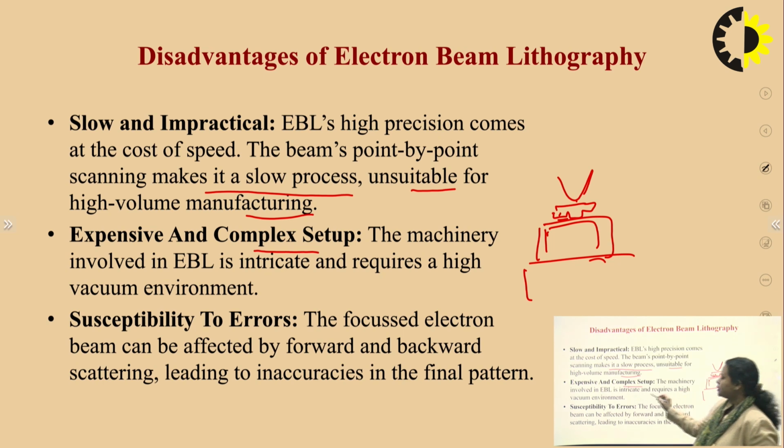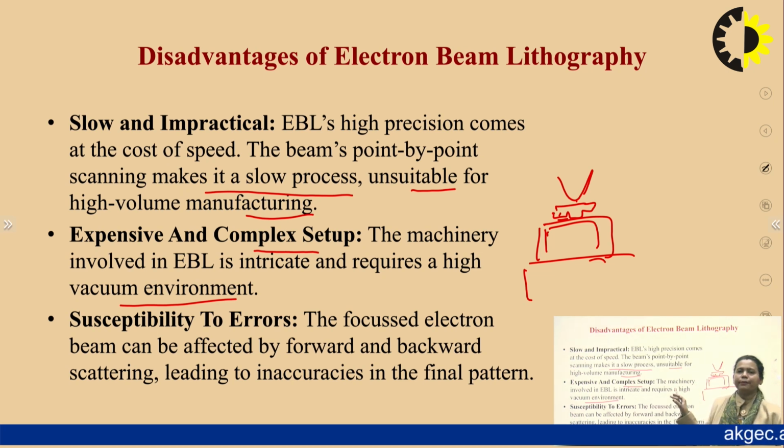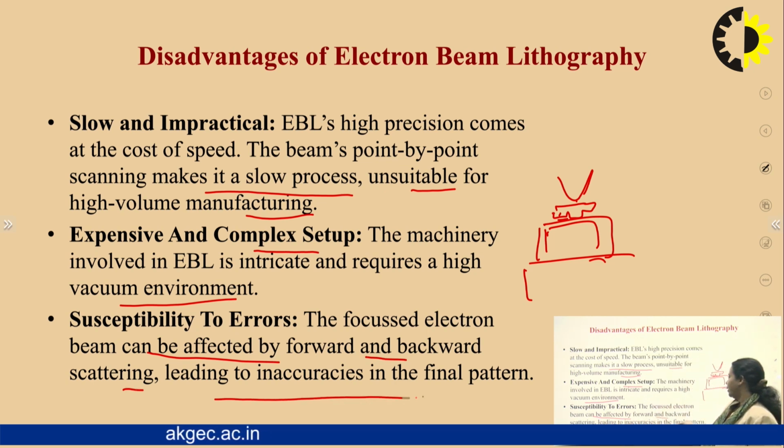Why? Because it involves a high vacuum environment, as this whole process requires a high vacuum, so the setup becomes complex. Then there is susceptibility to errors. The focused electron beam can be affected by forward and backward scattering, leading to inaccuracy in the final pattern.